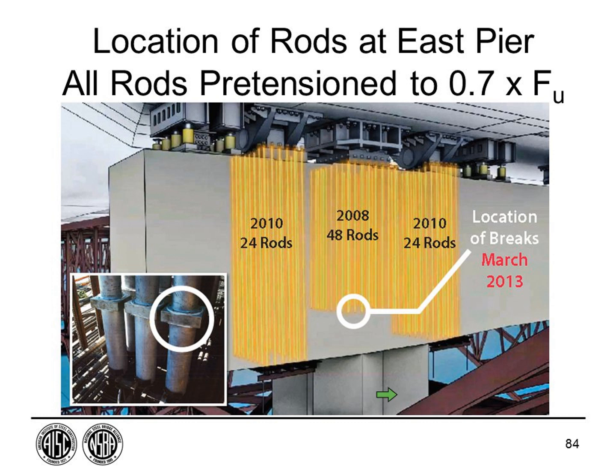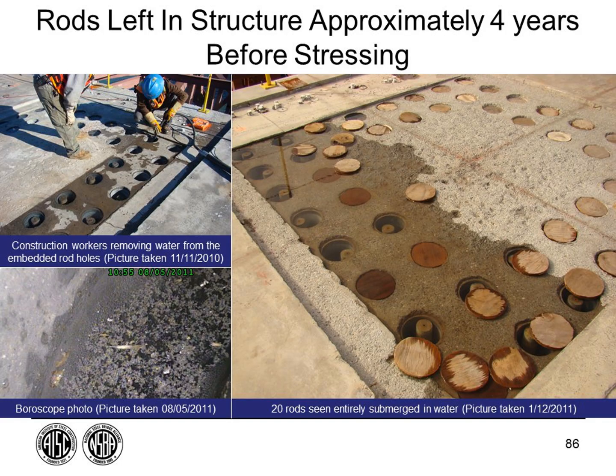If you go now to slide 86, this is the top of the pier cap. These are the rods right here, and they're down below the surface. This is where the shear key is going to come on. It's all roughened so that you get good bond.